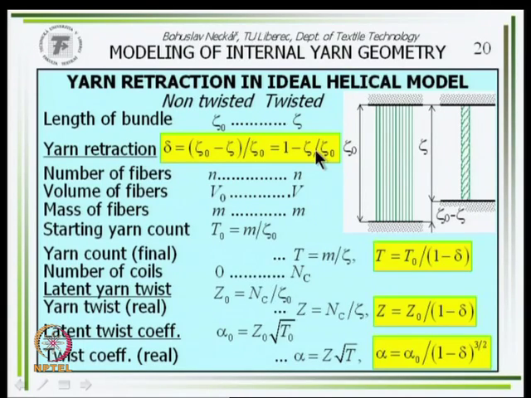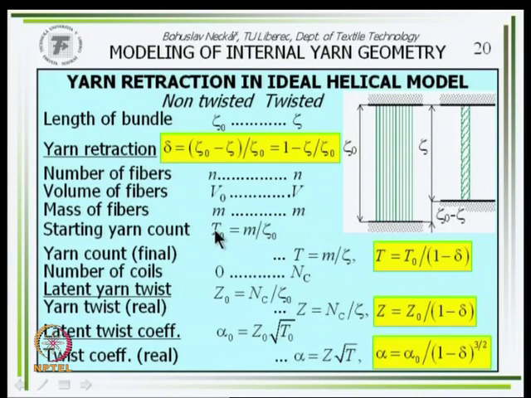So we can write it as 1 minus zeta by zeta 0. Number of fibers by twisting is not changed, so here is n and here is also n. Volume of fibers, generally, can be different. Total volume of fibers can be different in this bundle and in this bundle. Therefore, starting value is V0, final value is V. Mass of fibers must be the same in non-twisted as well as in twisted structure.